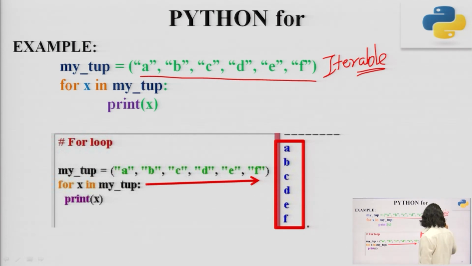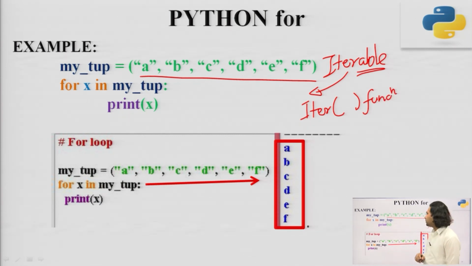One more property of an iterable is that it is able to perform the iter function. It is a special function which helps the variable, this x variable, to hold the capacity of an iterator for the given iterable.